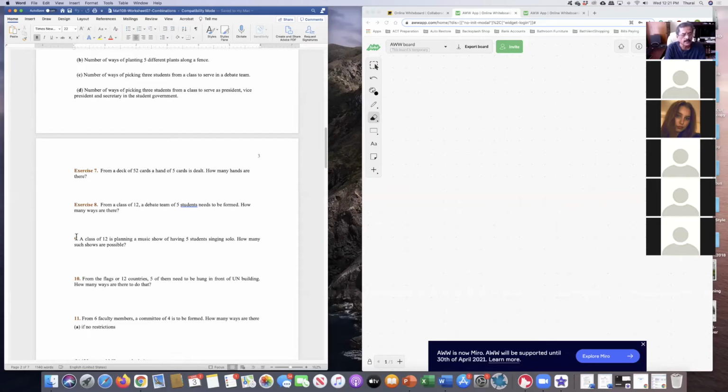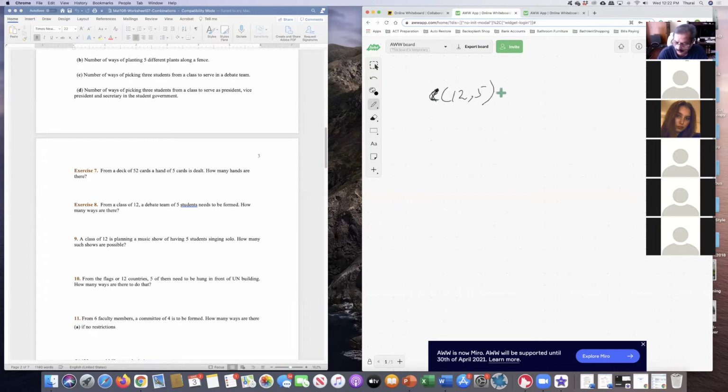That's why this is combination. So once you determine that it's a combination, you just have to go ahead and write down the numbers first. So it is a combination C, from 12 we are selecting 5, a group of 5. So C(12,5).